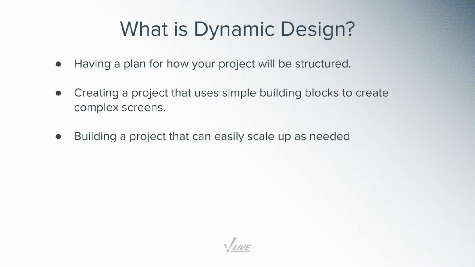But what is dynamic design? I kind of talked about it in that description, but essentially dynamic design, to me, is starting with a plan of how you want your project to be structured. Once you've got the plan, which is key, you create your project using simple building blocks, which will then be pieced together to make your more complex screens and your whole project.